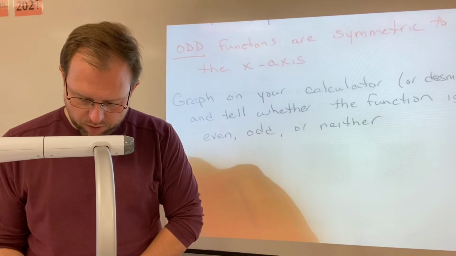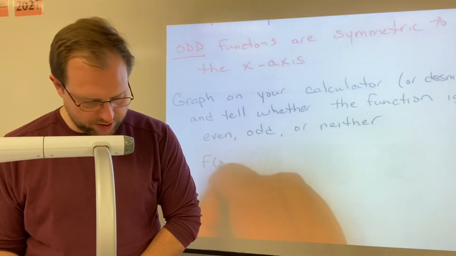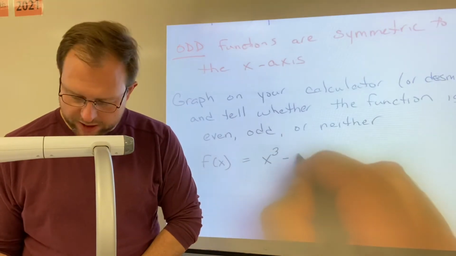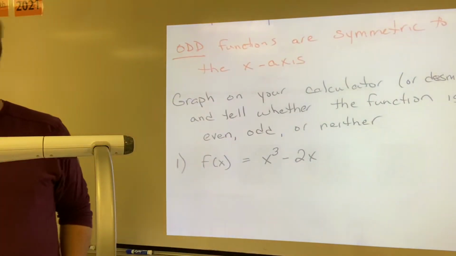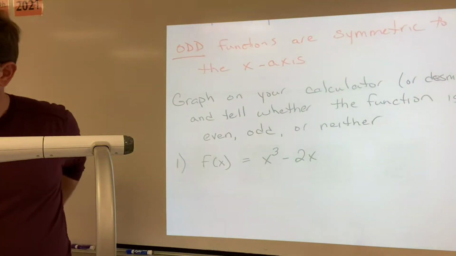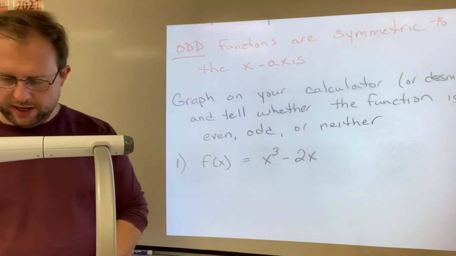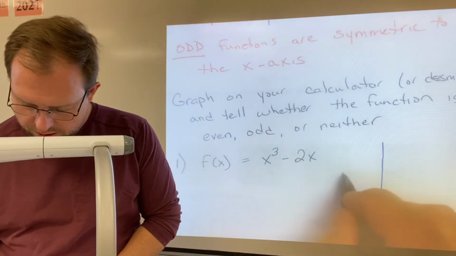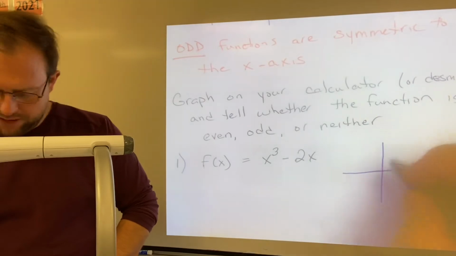Let's look at number 1. So if we have f of x is equal to x cubed minus 2x. Okay, pull that up on your graphing calculator and we are going to get a graph that looks like this. You'll have to forgive my sketching.